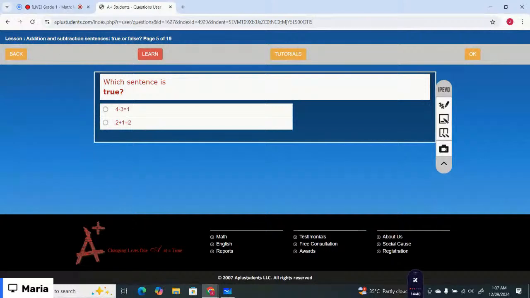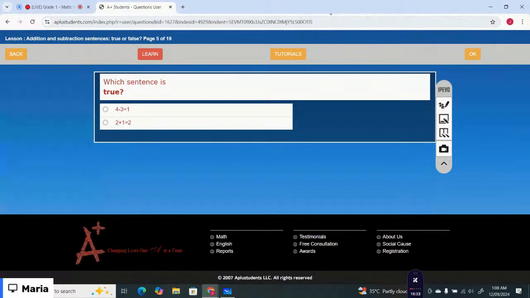Which sentence is true? 4 take away 3 is 1, and 2 plus 1 is 2.